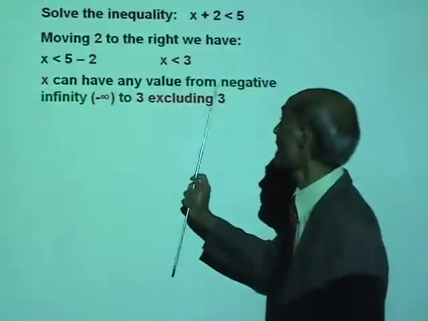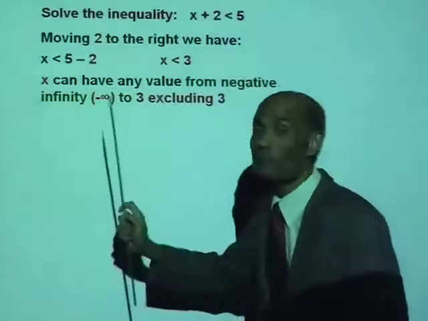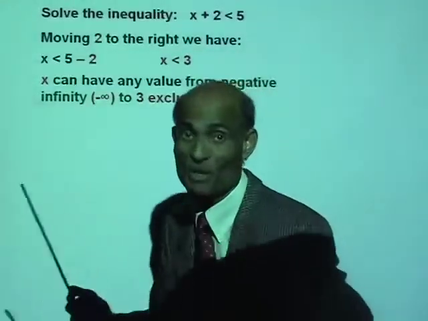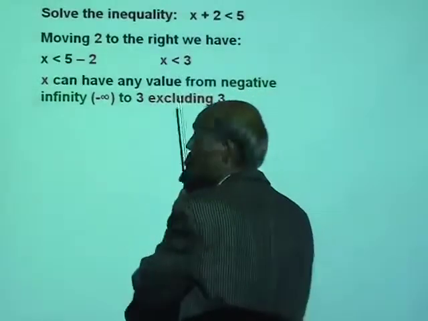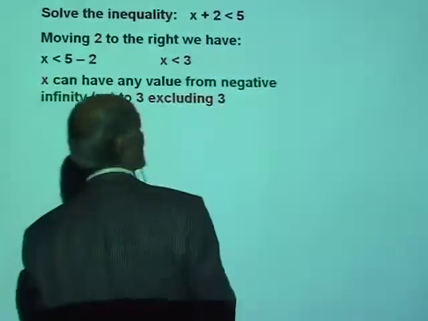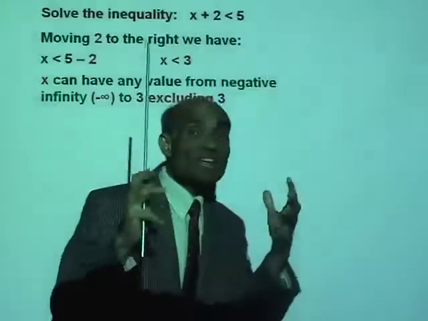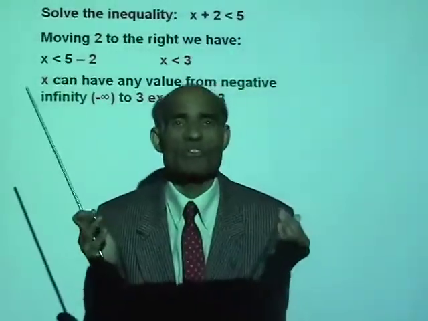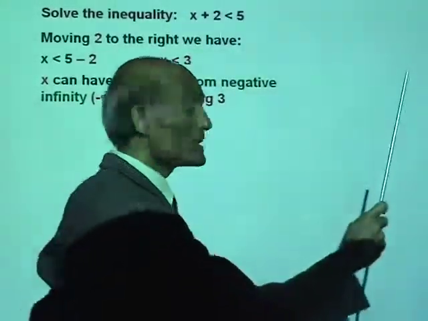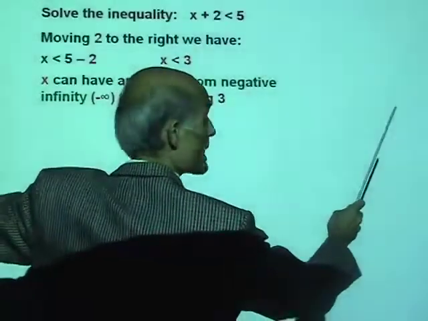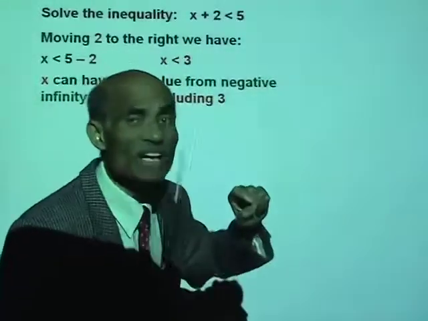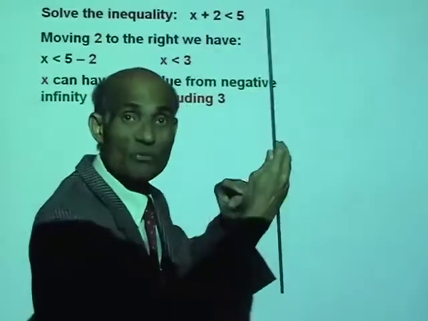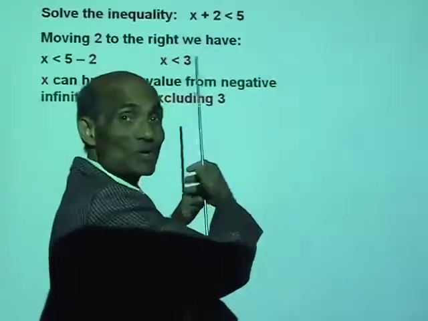x can have any value from negative infinity. Now look at the way I'm going to say it. The inequality sign is facing left. Now any interval that we discussed, the interval always must start from the left and go towards the right. An interval can never start from the right and go to the left.